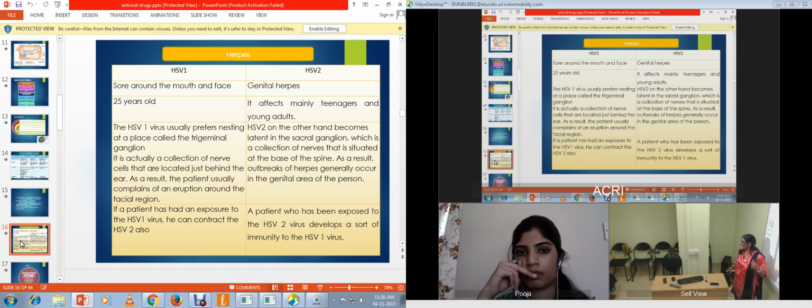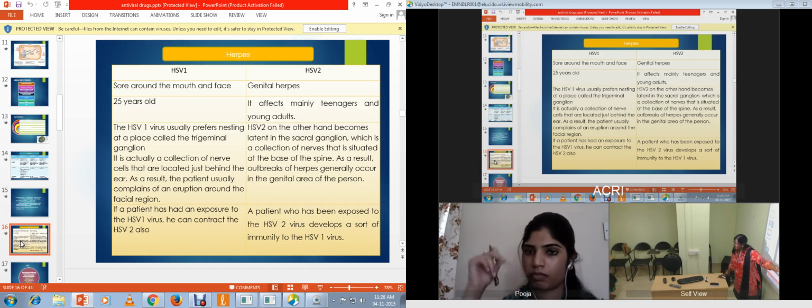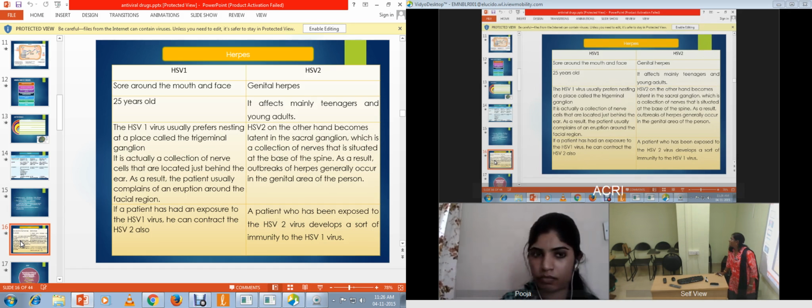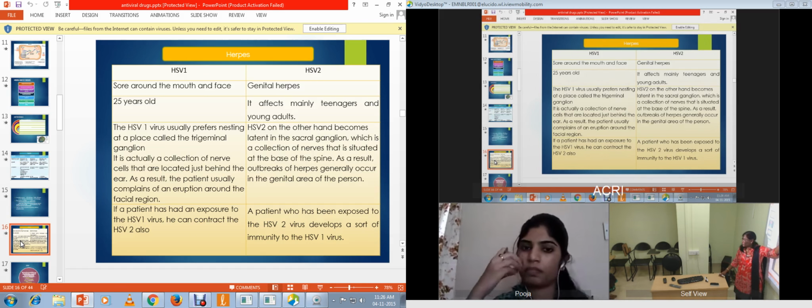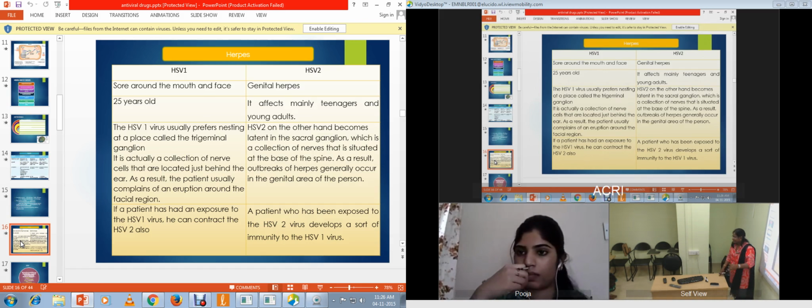People with facial herpes are more susceptible to HSV2, but when people get HSV2, they get immunity, so the chance of developing herpes simplex virus 1 is less when they have genital herpes. Got it?